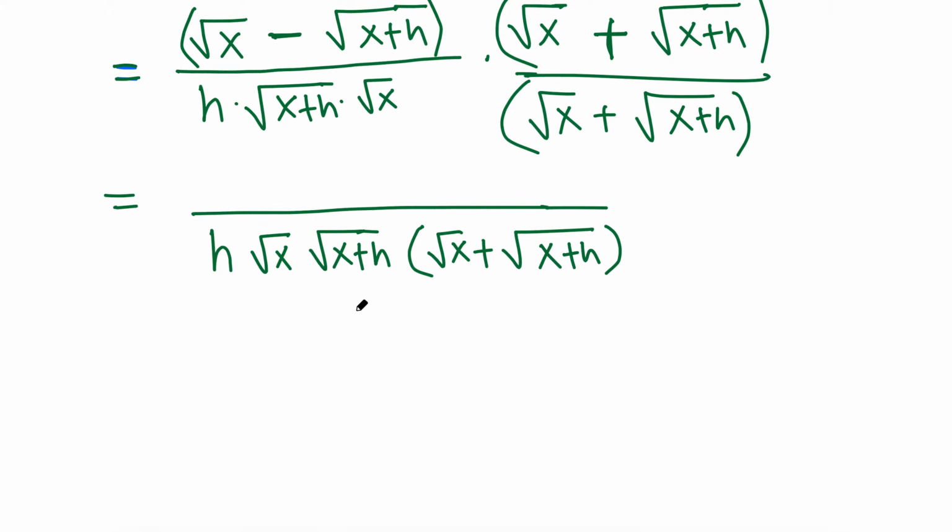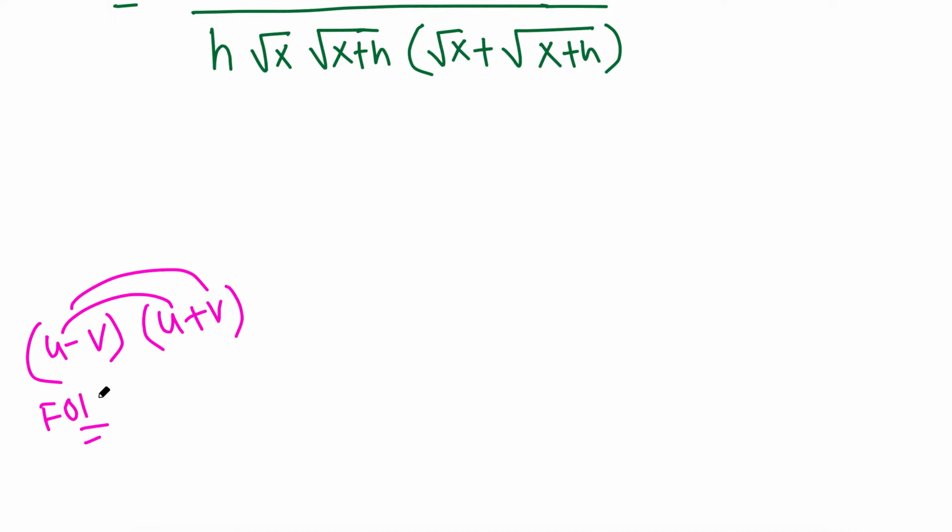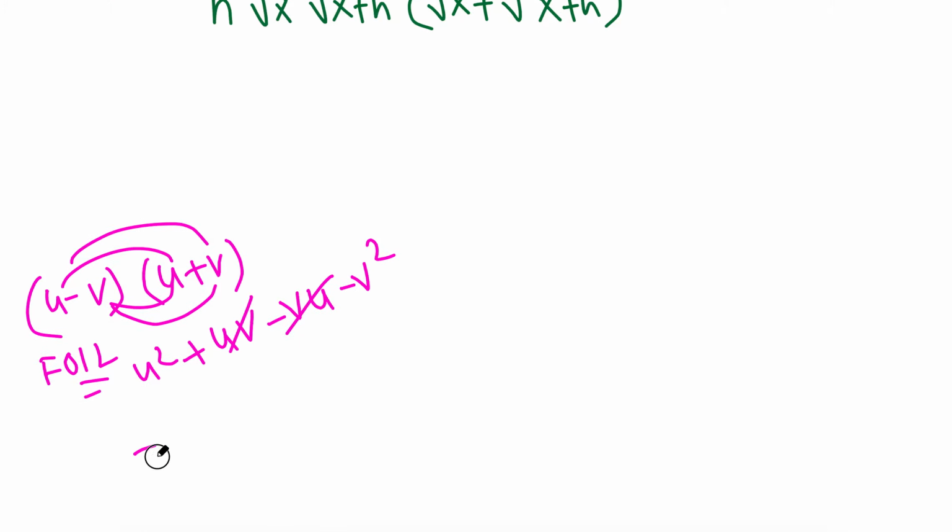Now this should remind you of something. When we have u plus v, and let me write a minus first, it doesn't matter, u minus v, and multiply by u plus v. Multiply means we FOIL: first, outer, inner, last. So u squared plus uv minus vu minus v squared. uv and vu are the same, so plus and minus cancel, and we get u squared minus v squared.